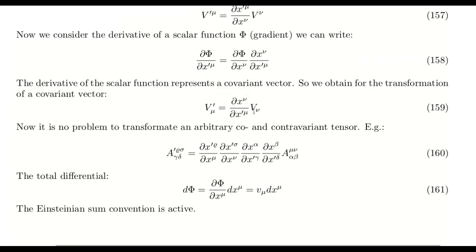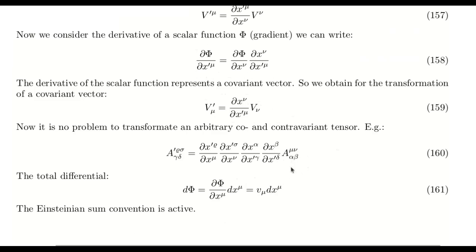And now we can transform an arbitrary tensor. Vectors are tensors of first order. Here in 160 we consider a tensor with two covariant and two contravariant indices. We consider the index alpha.